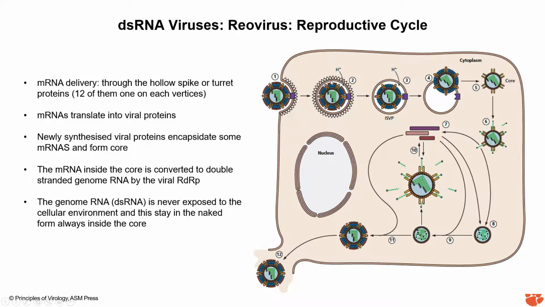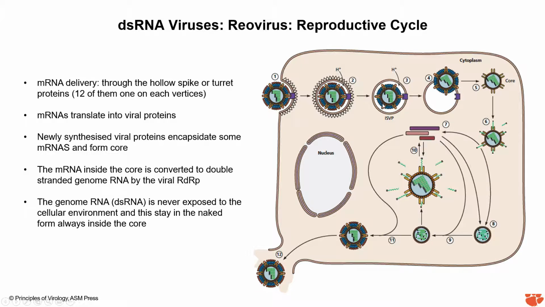And the few steps in entry and exit is not required, but just read it one time just to have an overview of that. So receptor-mediated endocytosis, the reovirus gets into the endosome, and see that the red proteins on the outer core is taken off. And this is what is called an infectious subviral particle.